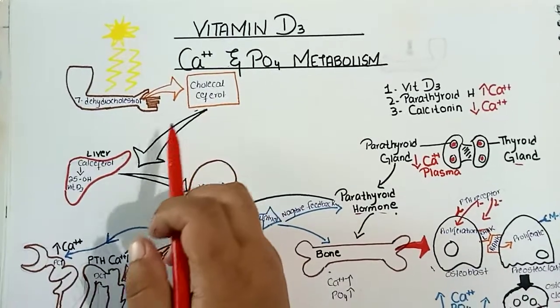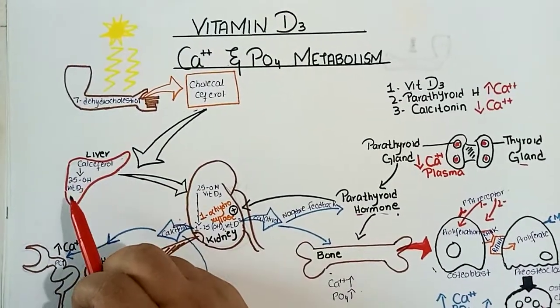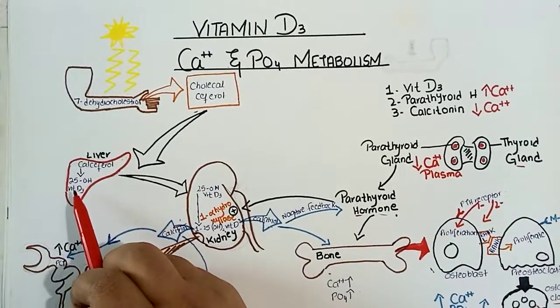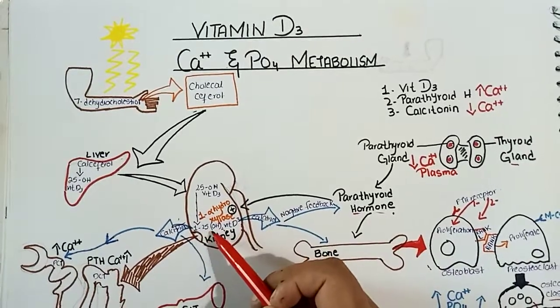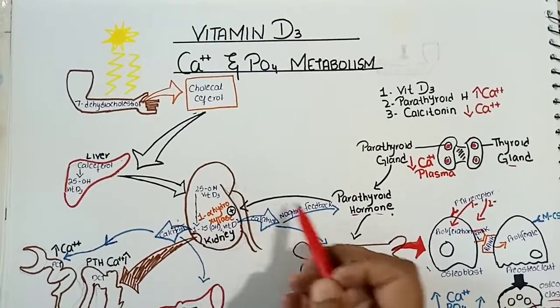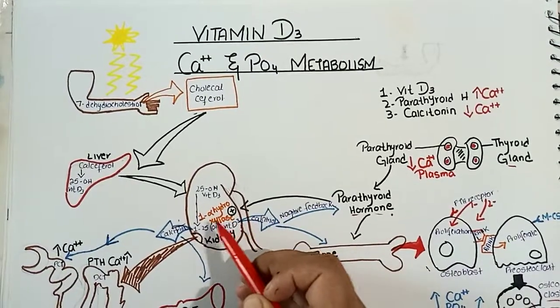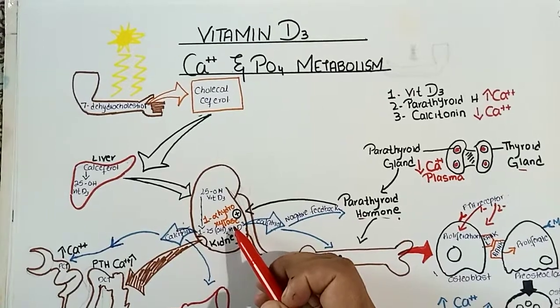Then this cholecalciferol within our liver gets converted into 25 hydroxy cholecalciferol, and the conversion of 25 hydroxy cholecalciferol to 1,25 dihydroxy cholecalciferol is mediated by the parathyroid hormone by the action of the 1-alpha hydroxylase enzyme.